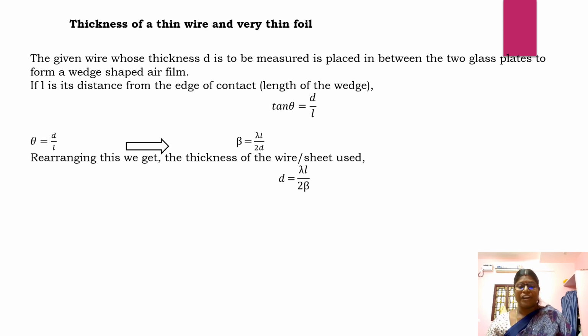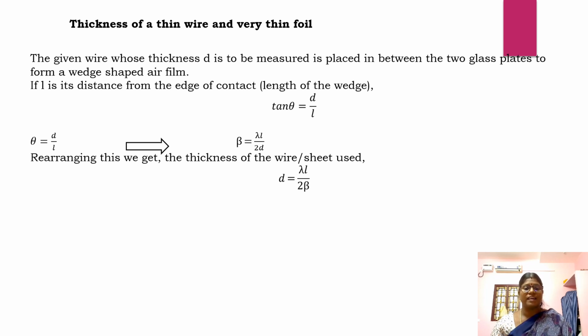So when you measure the fringe width using the vernier microscope, the wavelength lambda of the monochromatic source which we use is a known quantity. So when you measure the length of the air wedge, we will determine the thickness of the wire D.